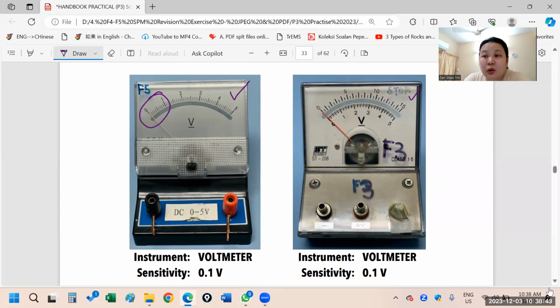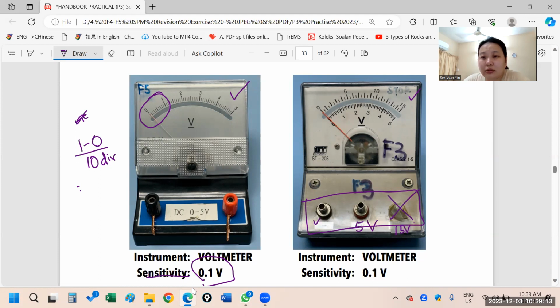How to find out the smallest scale, the accuracy or sensitivity? We use 0 to 1, which means 1 minus 0 divided by 10 divisions. So we will get 0.1 volt. Sometimes you can see they have 3 and 15 volts. Actually this is 15 volts, so you don't connect to 15 volts.